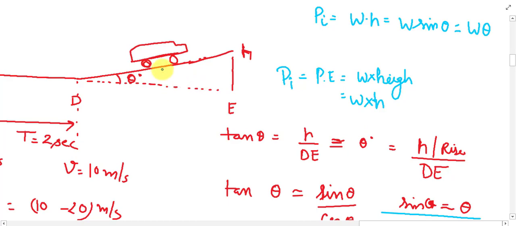We all know that the weight is a force, and it will be divided into two portions. The first one is W cos theta, which is perpendicular to the surface, and another component is parallel to the surface, which is W sine theta.